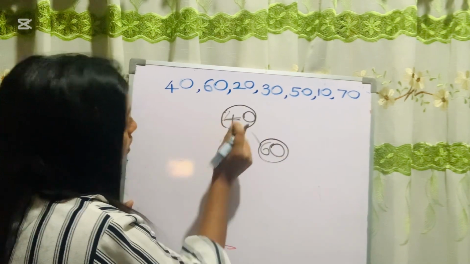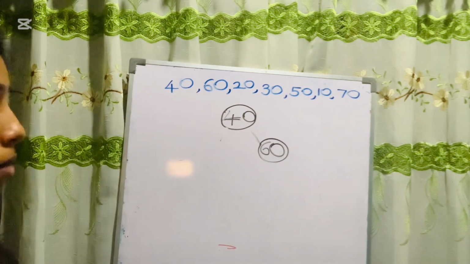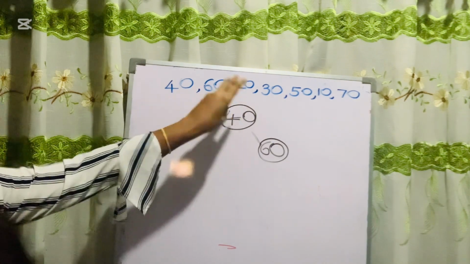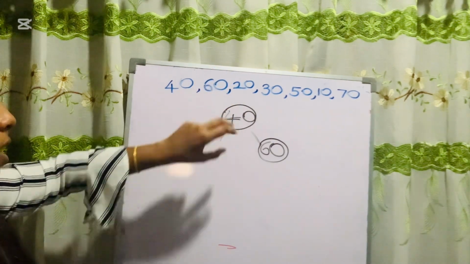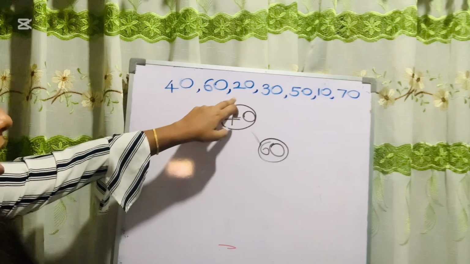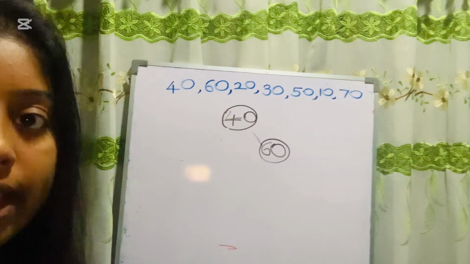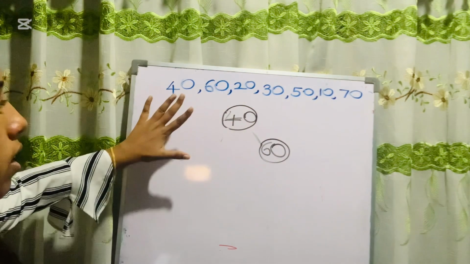Next, we take the third element, number 20. We compare it with the first element.